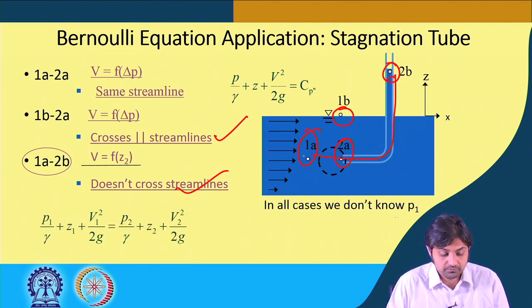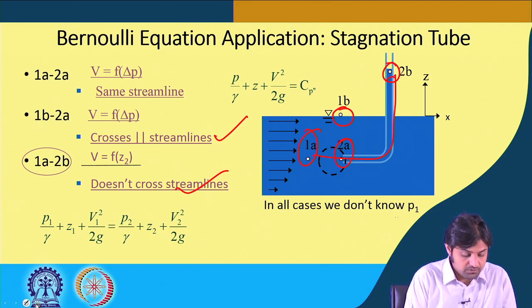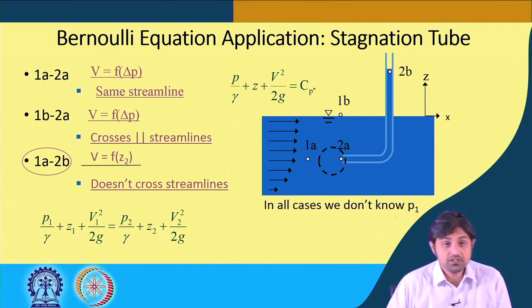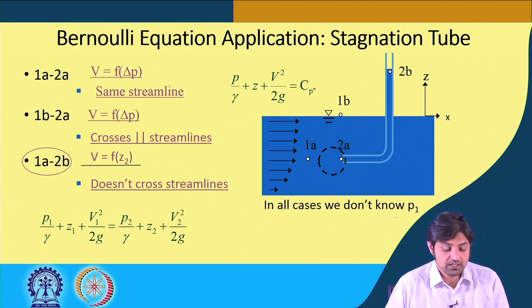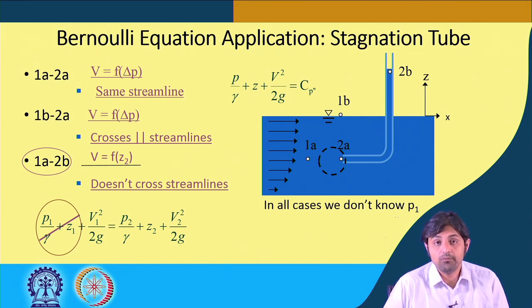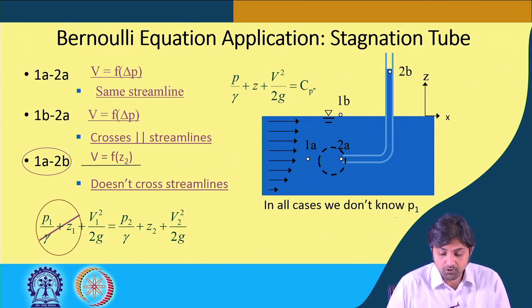So Bernoulli's equation, P1 by gamma plus Z1 plus V1 square by 2g is constant. P1 by gamma plus Z1 we can set as 0 at point 1.